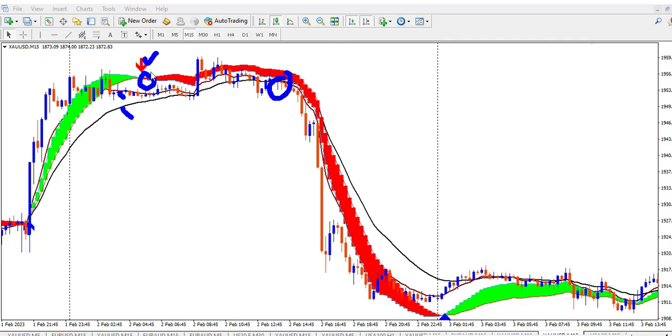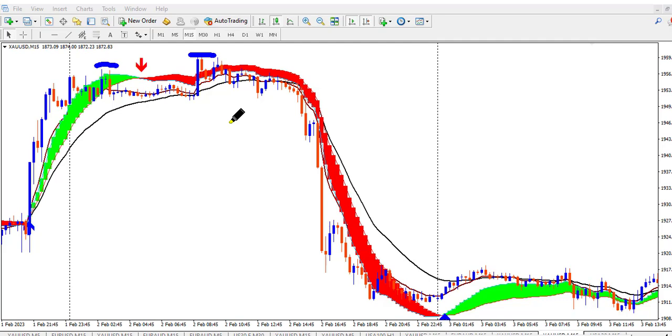If you use the arrow alone, it would have taken us out of the trade at this point, because our stop loss is going to be a few pips above here, and here is higher than this particular point. We would have been taken out of this trade if you use only this indicator.